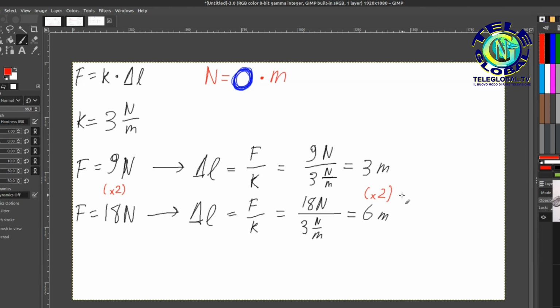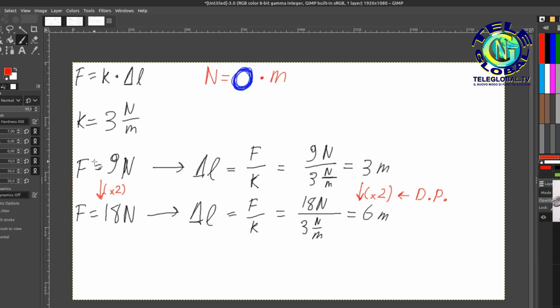So this is what direct proportion means. If you double one quantity, you also double the other, etc., etc. If you triple the force, you also triple the stretching.